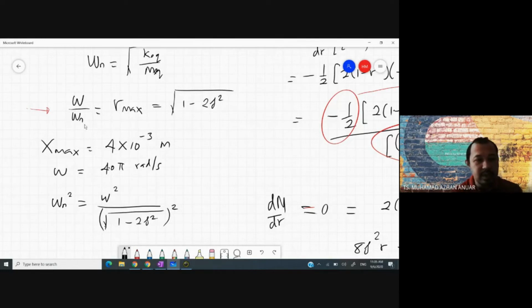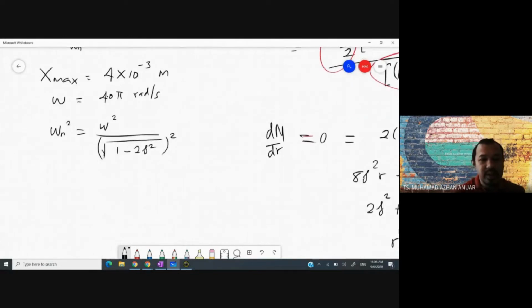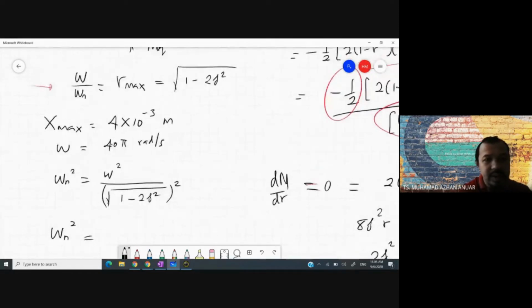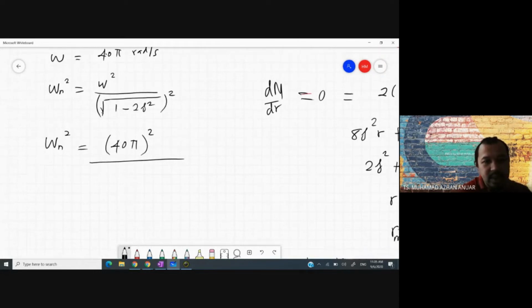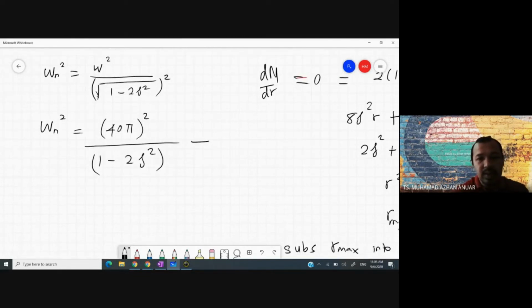Why to the power of 2? Because we square this term. Rearranging, omega n squared is equal to 40 pi squared divided by 1 minus 2 zeta squared, since the square root and the square cancel out. Let's call this equation number 1.